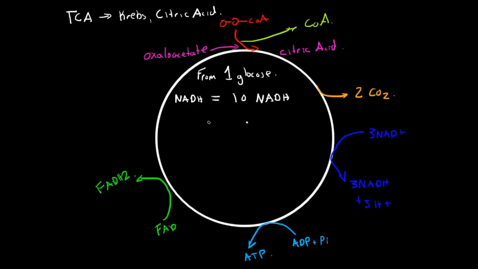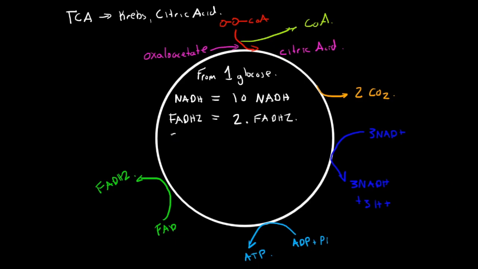So we've made 2 from glycolysis, 2 from pyruvate oxidation, and then 6 from the TCA cycle. And then FADH2, how many of those have we made since they were just introduced in this Krebs cycle? For every one acetyl-CoA that comes in, we're making one FADH2, so we are making 2 FADH2 total for each rotation of the TCA cycle.